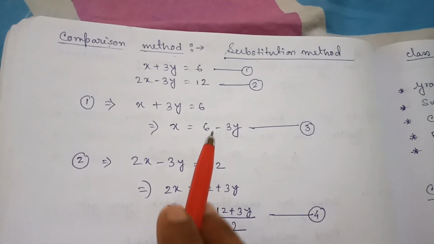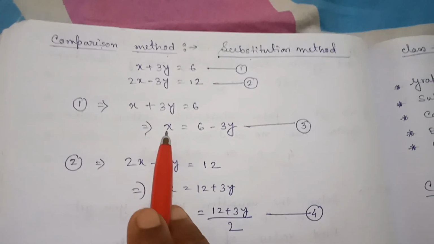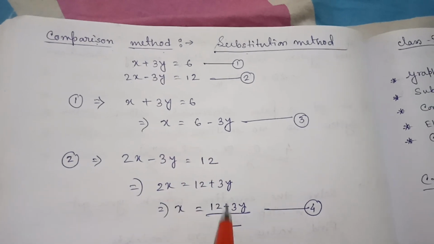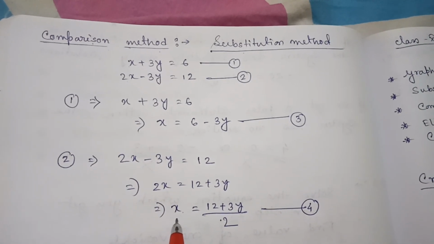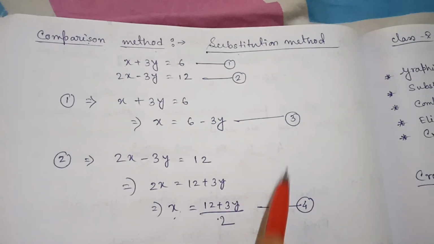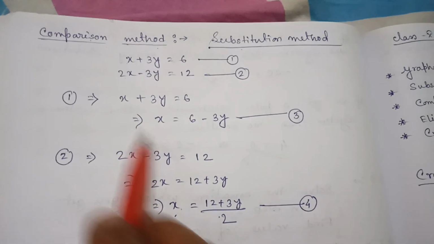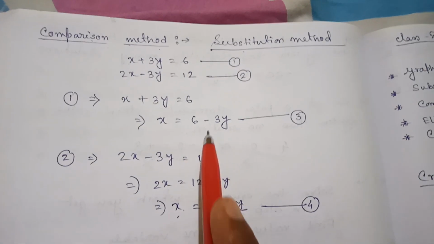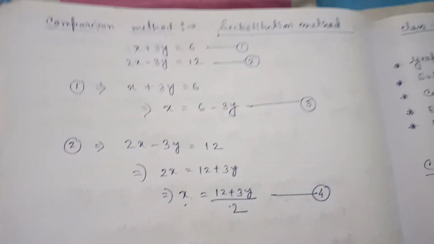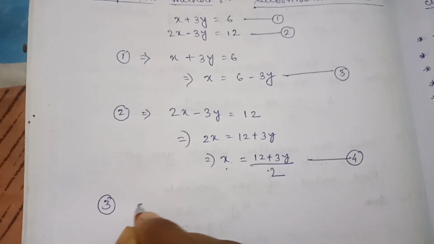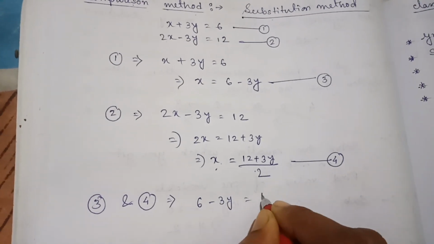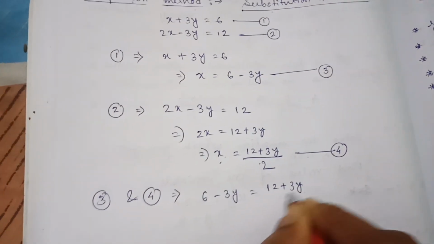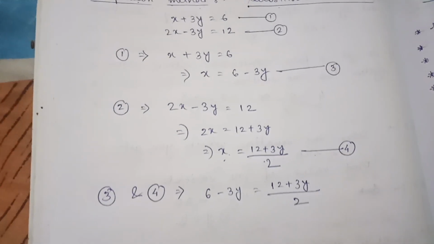Now comparison method means, look, both the values are of x. That means we need to compare the values in 3 and 4. That's why its name is comparison method. So how will we compare it? From 3 and 4 we are getting 6 minus 3y equals to 12 plus 3y divided by 2.